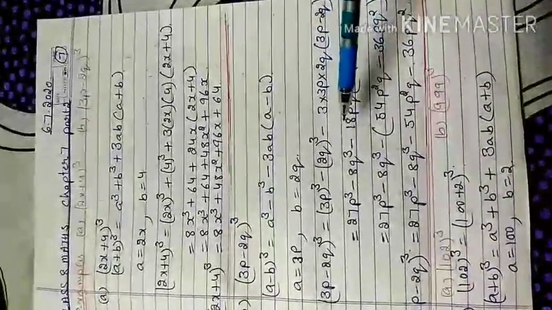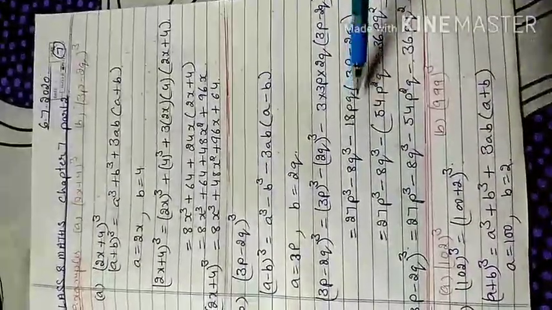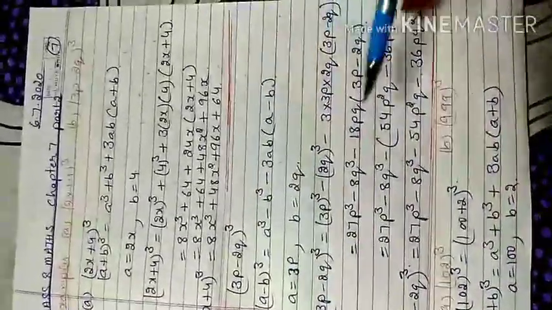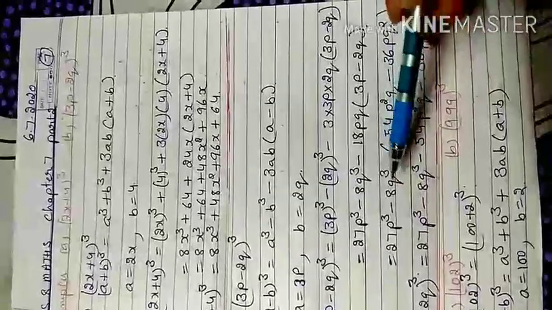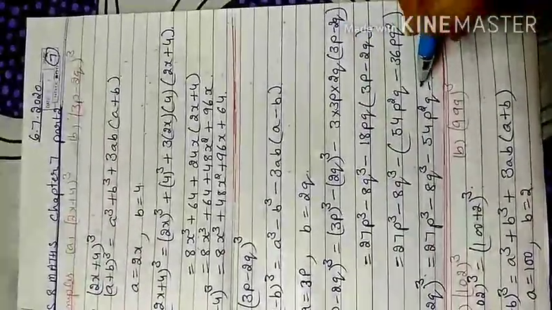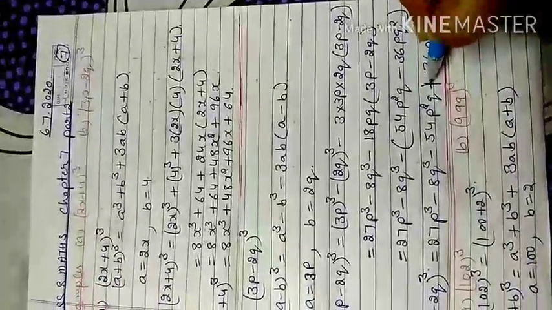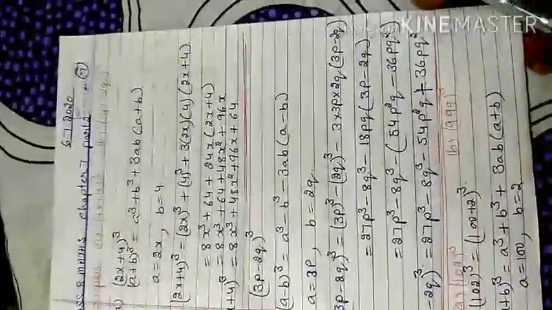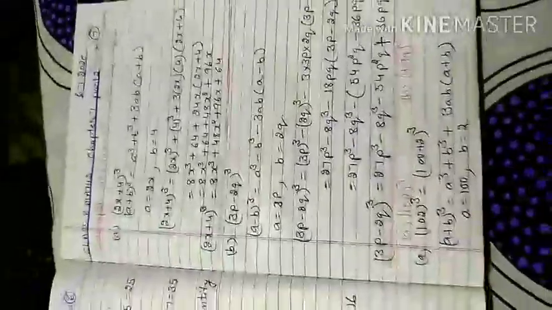When you open the bracket, since the minus sign is outside, the sign will be changed inside the bracket. So that gives me 27p cube minus 8q cube minus 54p square q, and this will be plus 36pq square. So that is my required answer.